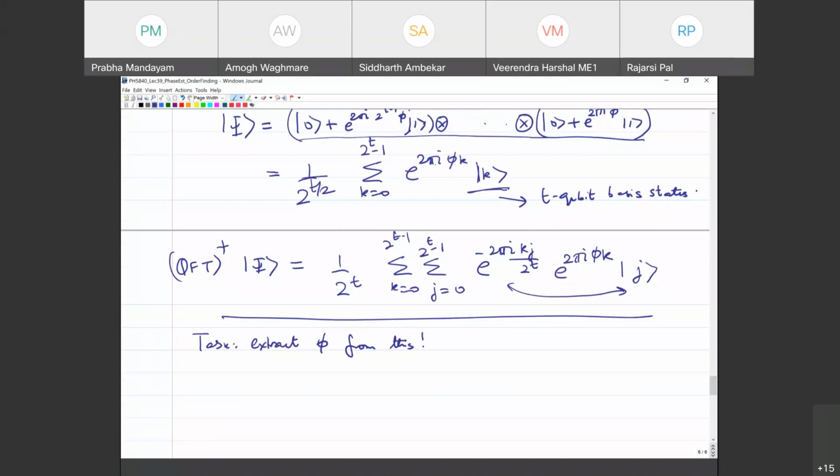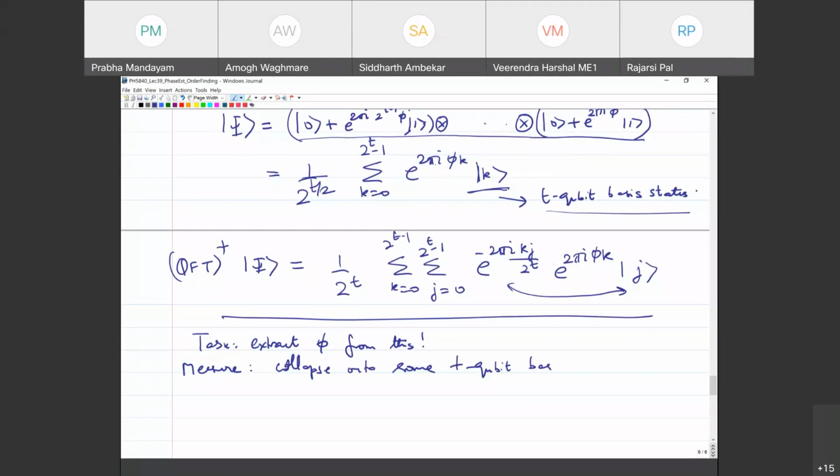So this is the state post the Fourier transform, and now you're going to measure, essentially in the computational basis of this T qubit space. So when you measure, what the analysis tells you is that you're going to collapse onto some T qubit basis state, right?